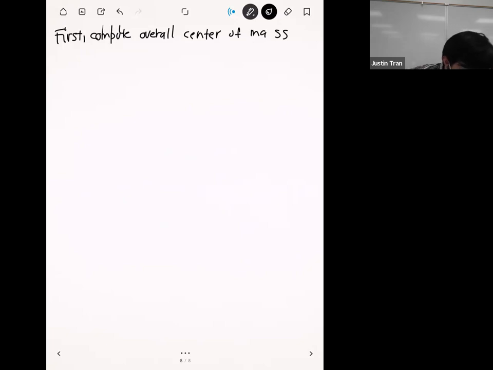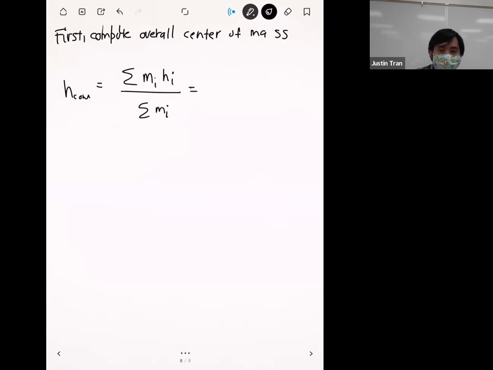We're only concerned with the height, so the height of the center of mass off the ground is going to be the sum of the products of the mass of each object multiplied by their heights, divided by the sum of all the masses. On the numerator, we take the product of the mass and the distance, and on the denominator, we just sum up all the masses.